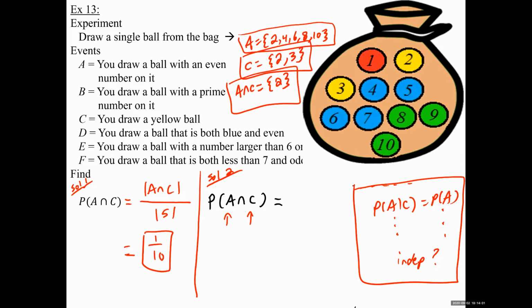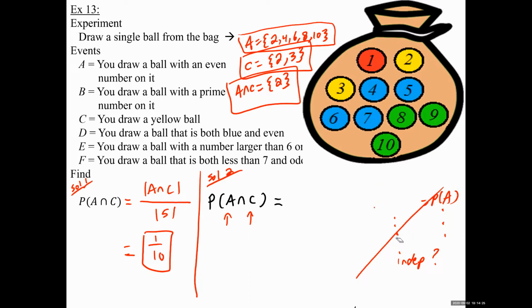Or what you can do is you can say, well, you know what? If I don't know if they're independent, I'll just use the longer formula because I can use that whether they're independent or not. So long story short, if you're not sure if they're independent, again, you could either first figure out if they're independent and then decide what formula to use, or just always use the bottom one, the longer and formula. So I'm not going to do this calculation. You could if you want, but I'm not going to do it.